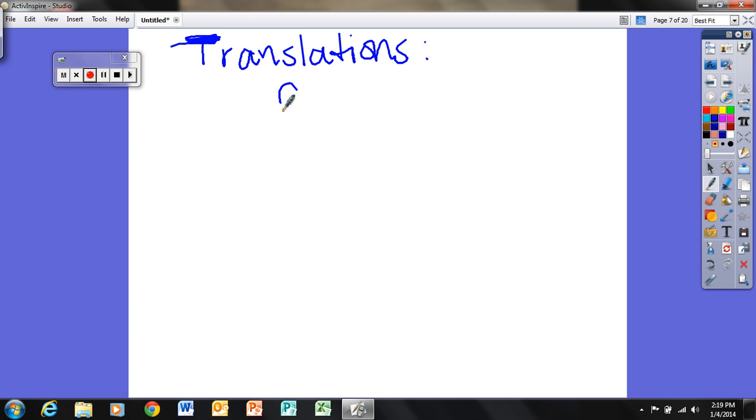In these examples, we're going to translate the same function that we've been working with, f of x equals 2 to the x. So in the first example, I'm going to call this letter A. I want you to tell me how I get from my original function to 2 to the x minus 1. How do I get from 2 to the x to 2 to the x minus 1?